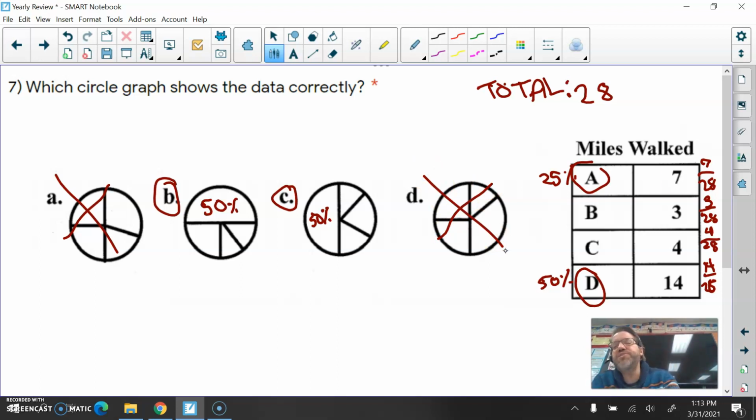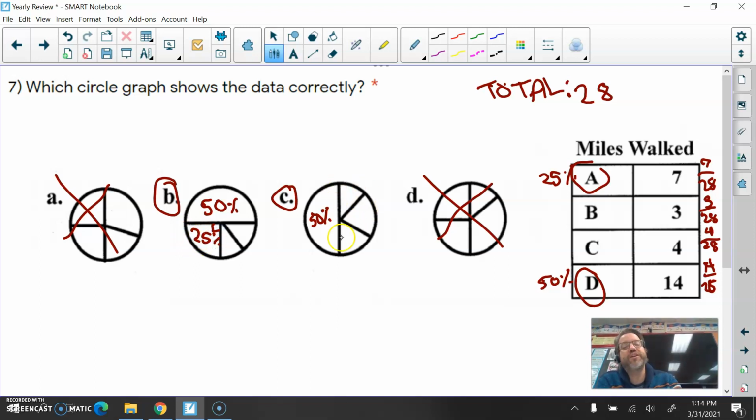Now I also know since there's 7 out of 28 or 1/4 here, I need a circle graph that has a 25% section, which would be 1/4 of the circle. And if you look at B, doesn't this section right here look like it's 1/4 of the entire circle? We have a right angle here. That's 25% right there. That's good.